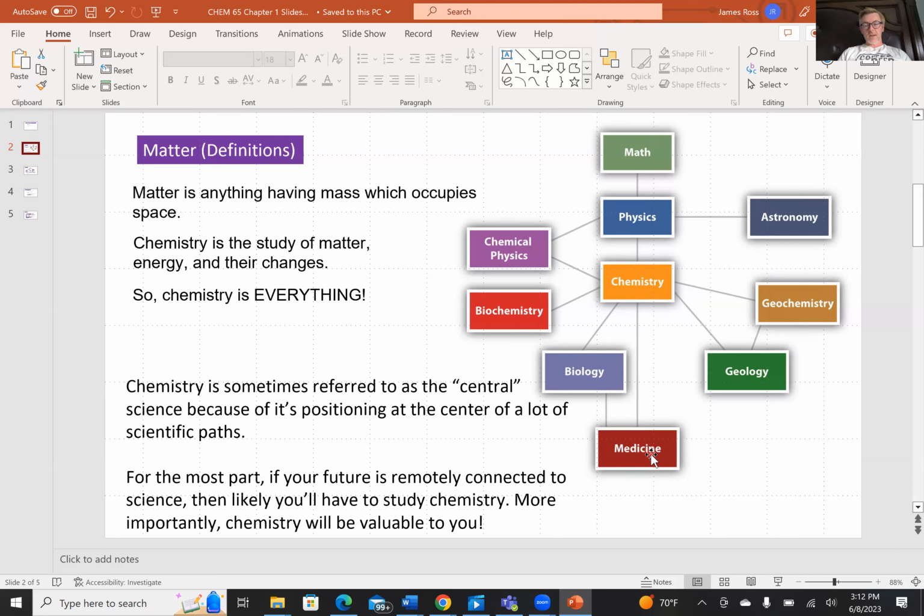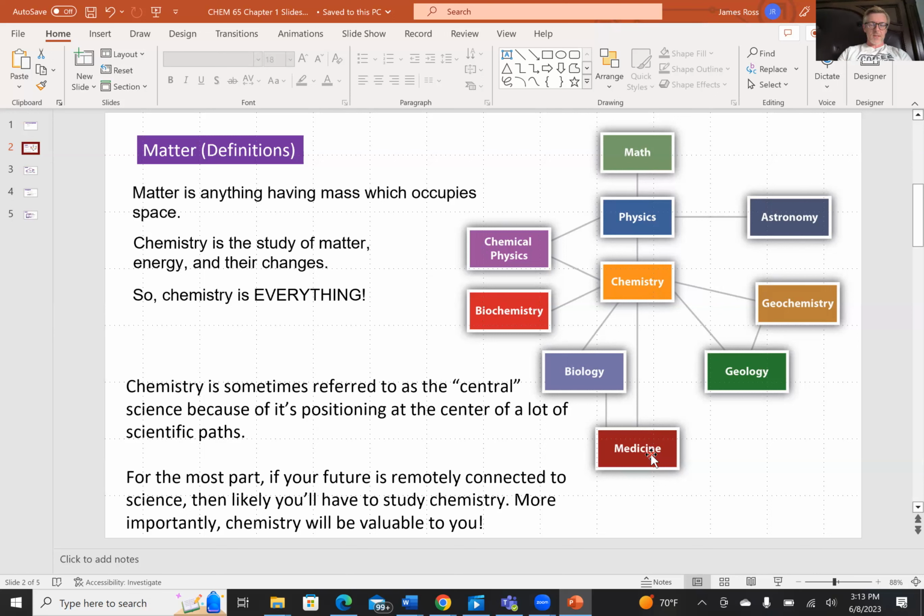So if you're a physician studying medicine, your patient has mass and occupies space. So really you're a chemist. If you are a civil engineer designing, what would the civil engineer design? Cities, I think. Maybe. Well, I think civil engineers study bridges, maybe.